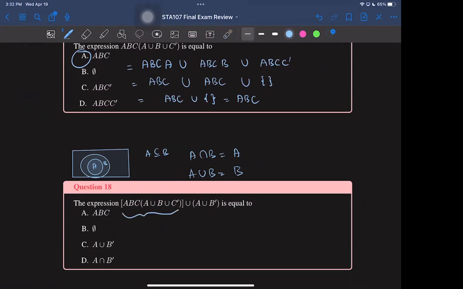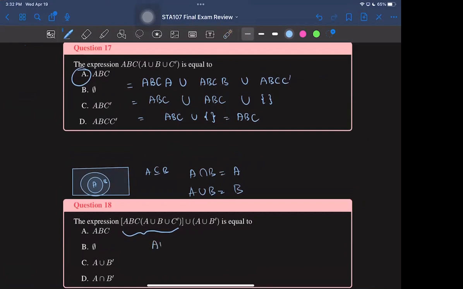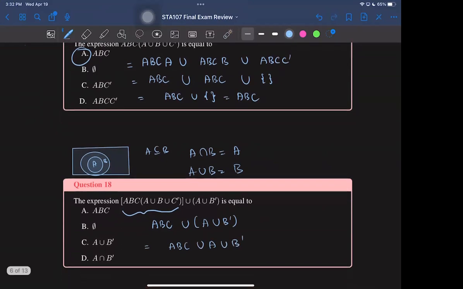The first part is what we obtained in question 17, which is ABC. And I union with A and union with B complement. From this, I can just remove the bracket like this. Let's first think about what ABC union with A is, and then take that result and union it with B prime.